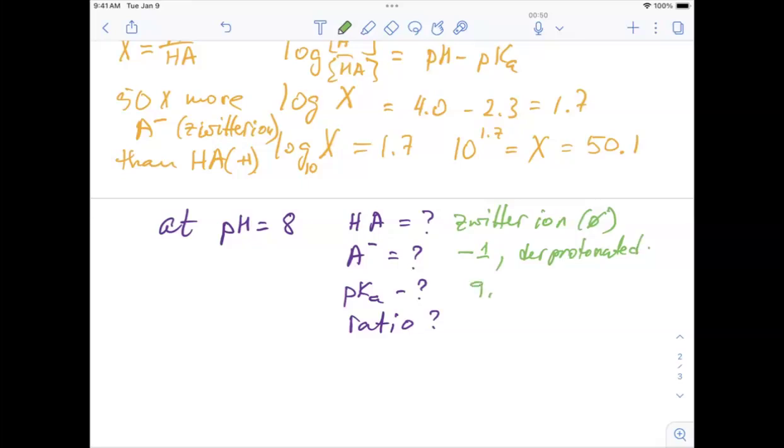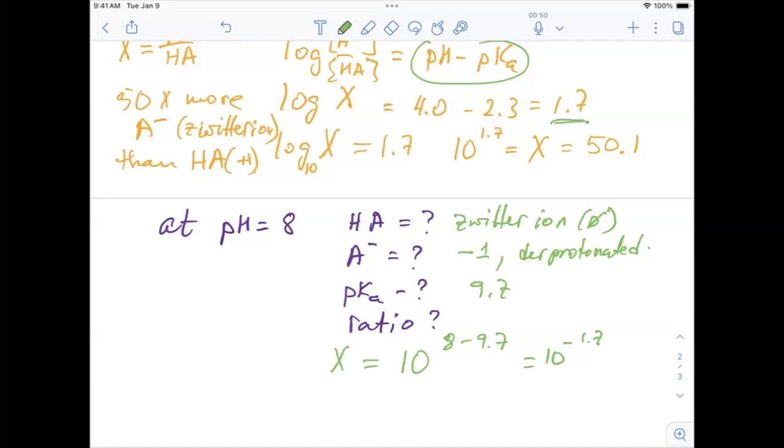The pKa we're working with is 9.7, and the ratio, x, A minus over HA, is going to be 10 raised to the power of pH 8 minus 9.7. We're doing the same math we did before: pH minus pKa, and then you raise 10 to that power. So it's going to be 10 to the negative 1.7. Notice it's very similar to this except negative.